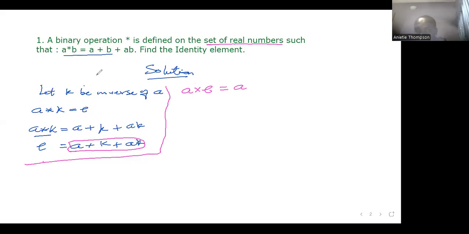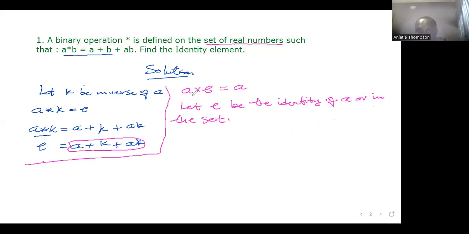That means I will say, let E be the identity element of A, or in the set, not just for A, because the identity element of a particular set is only one for that set, as far as the definition that is given is concerned.